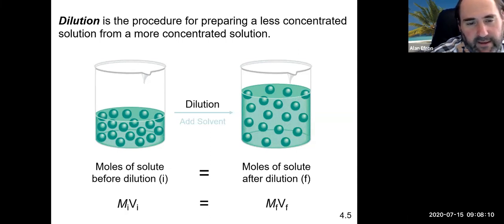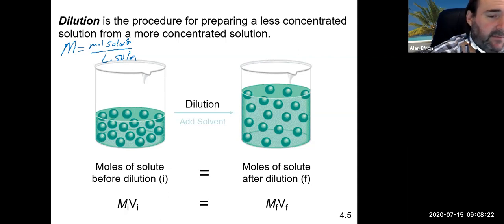So what does that mean in terms of what happens to the concentration or the molarity? Well, molarity is technically moles of solute over liters of solution. When we do a dilution where we add more water, the number we're increasing is the bottom number here.